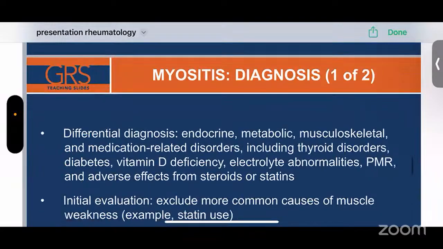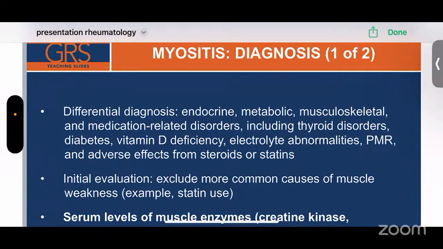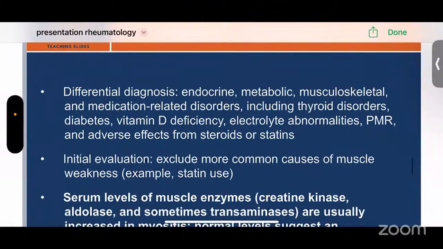For the differential diagnosis of myositis, we must keep in mind endocrine, metabolic, musculoskeletal, and medication-related disorders, including thyroid disorder, diabetes, vitamin D deficiency, electrolyte abnormality, and side effects from steroids or statins.